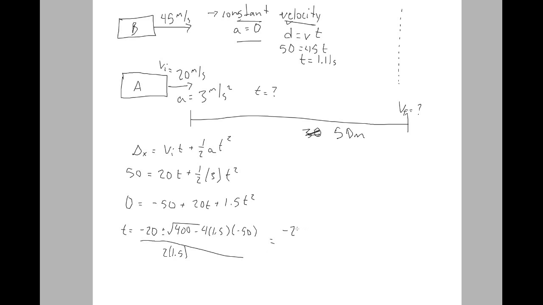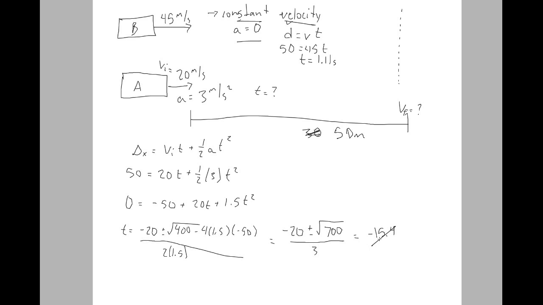So this equals negative 20 plus or minus the square root of 700 all over 2a, which is 3. So if I go negative 20 minus the square root of 700, and then all of that divided by 3, I get negative 15.4. That is not what I want. I can't have negative seconds.